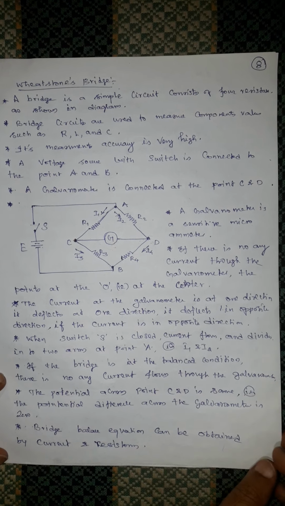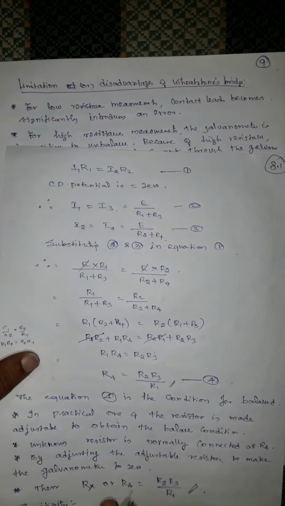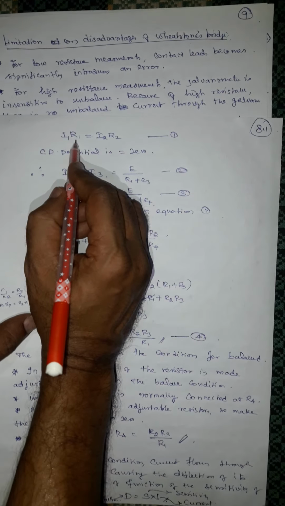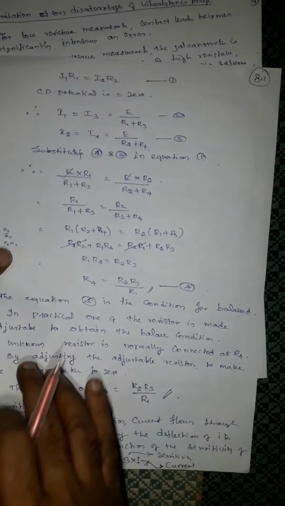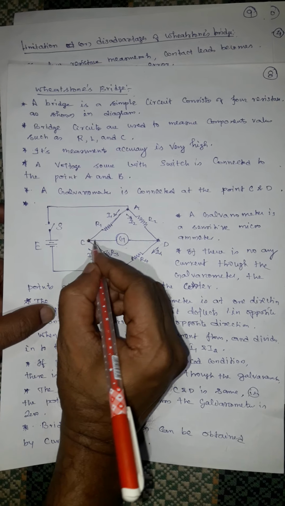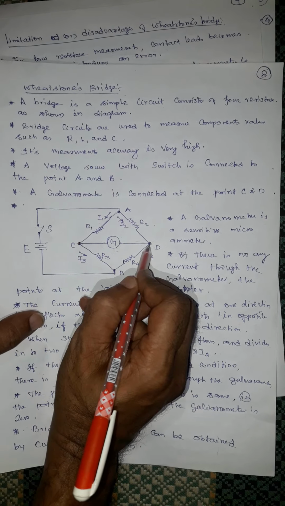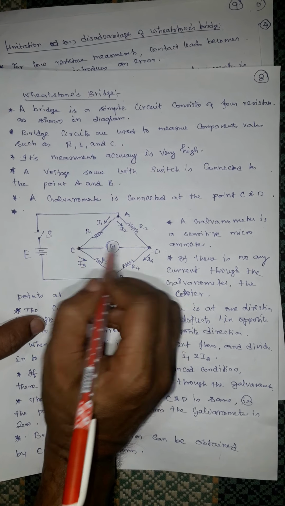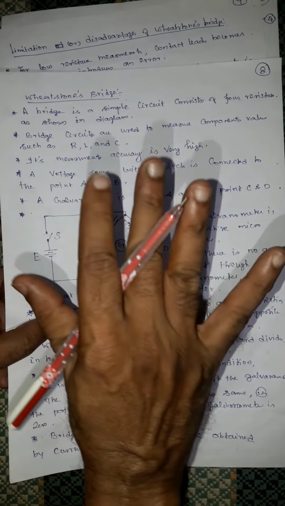The bridge balance equation can be obtained using the currents and resistors. In balanced condition, I1 into R1 equals I2 into R2. What is the balanced condition? There is no current flow through the galvanometer, which means C and D are at the same potential.